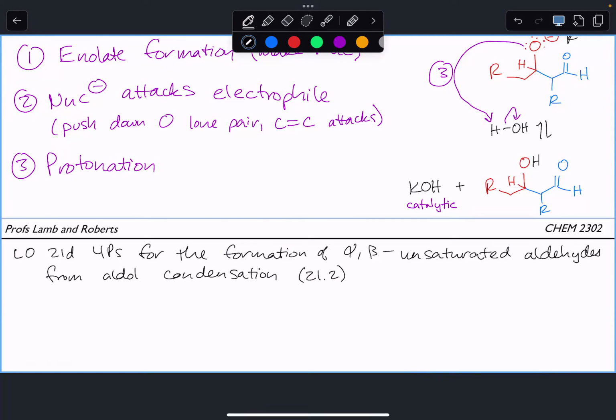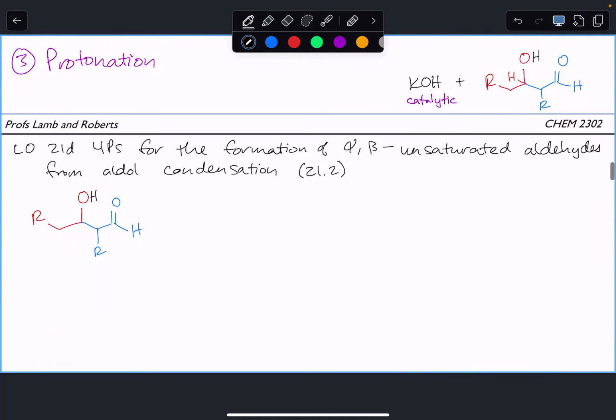Okay, so aldol condensation has aldol in the name because aldol addition is the first half of the mechanism. And so we're going to start from the aldol addition product that we just made. You will usually see it from the very beginning, but because we just went through aldol addition, I'm starting kind of halfway through. So once we have this aldol addition product, we can then do the condensation reaction.